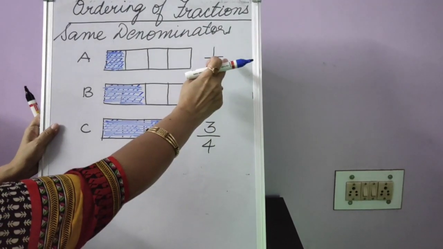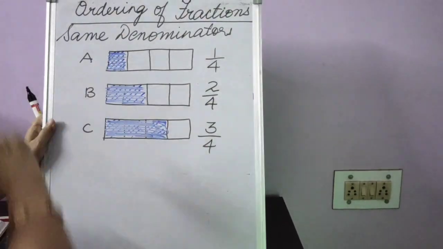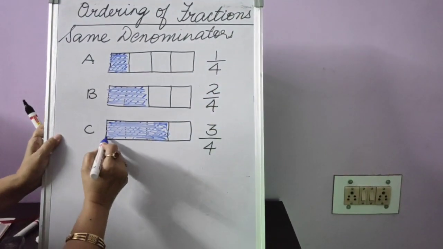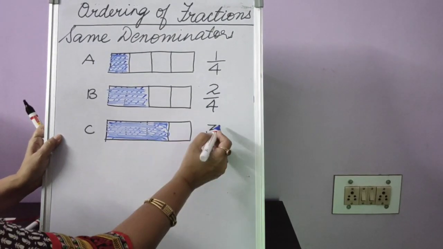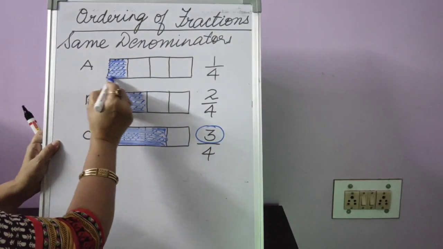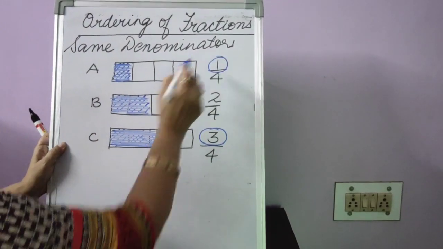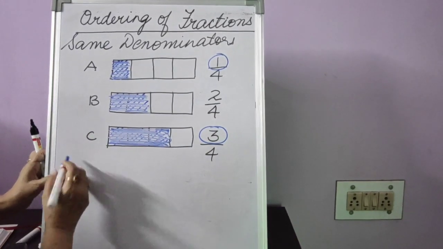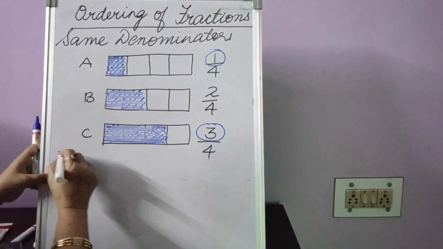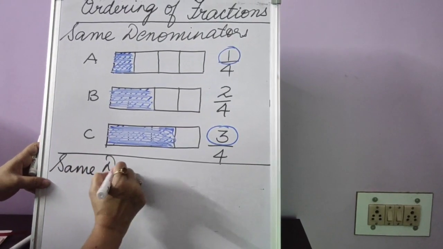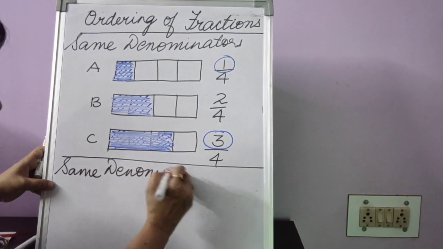Now, look at the denominators. All denominators are the same, 4, 4, 4. Now, look at the numerators. 1, 2, 3. The biggest part and the biggest numerator. Smallest part, smallest numerator. So here comes in your rule for same denominators, and the rule is, if the denominators are the same, we will write it in short.